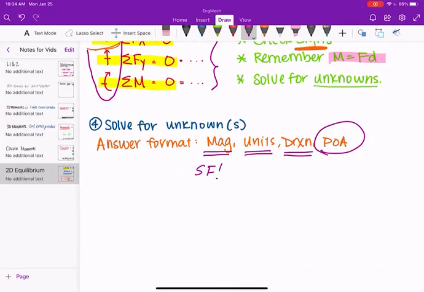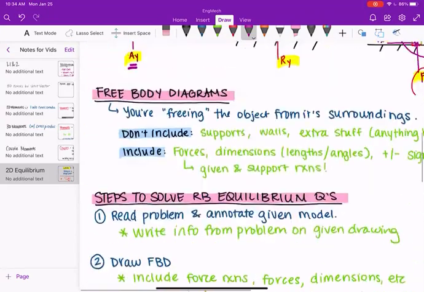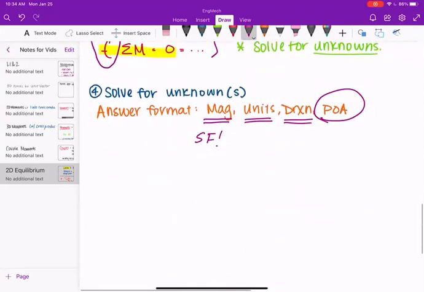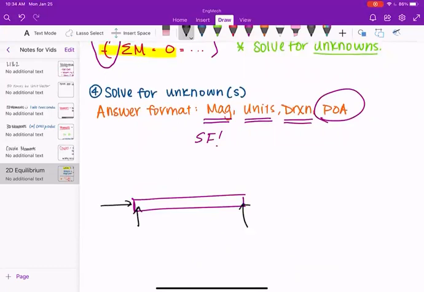So, for example, if we're going up to a practice problem that looks like a bar with a pin reaction here and a roller over here, I have 2 upward forces, so just saying like 6 pounds up doesn't make any sense.